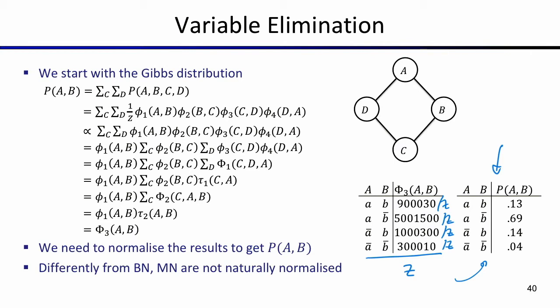So the numbers accumulate, and we will have the partition function in the numbers that we carry in these factors. So at the end, if we sum those numbers, we get the same number that we would have if we were summing the entries in the full joint distribution. So that's great news. So the variable elimination algorithm works for the Markov networks. And let's take a look now at another example.